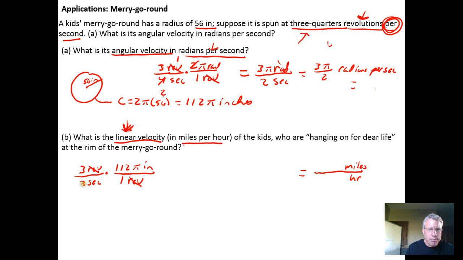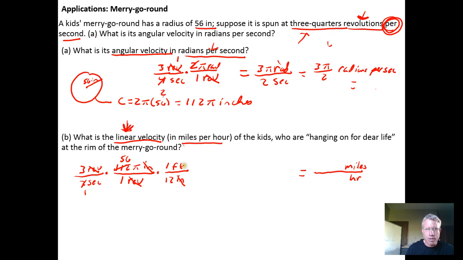I see that some simplifying can already start happening. 2 goes into 112 56 times. So right now I have a speed in inches per second, but I'm supposed to be in miles per hour. But I know that there is 1 foot per 12 inches, and inches divided by inches is 1.